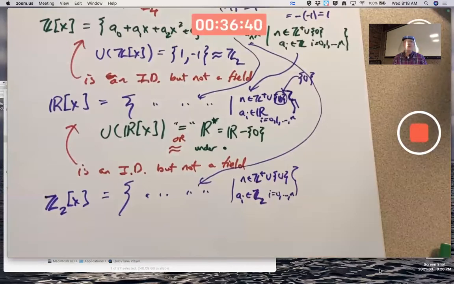Is it an infinite ring or a finite ring? Are there infinitely many elements in this or finitely many elements? n can be any non-negative integer.